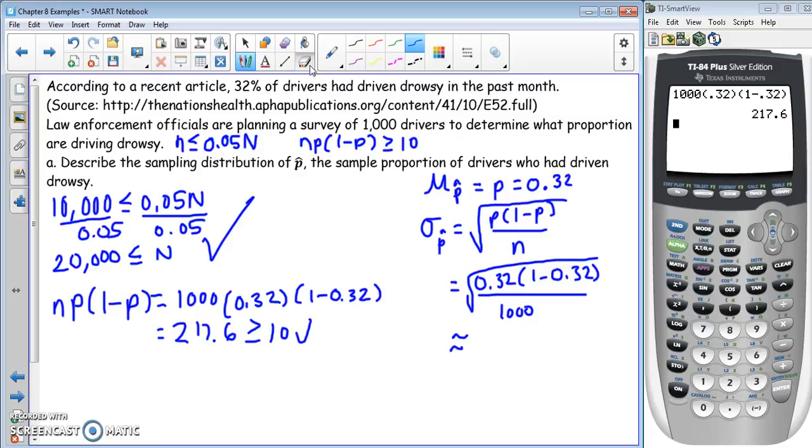I actually like to break this down into steps, and then it makes it a little bit easier to type in the calculator. So 1 minus 0.32 is 0.68, times 0.32 is 0.2176, over 1,000.